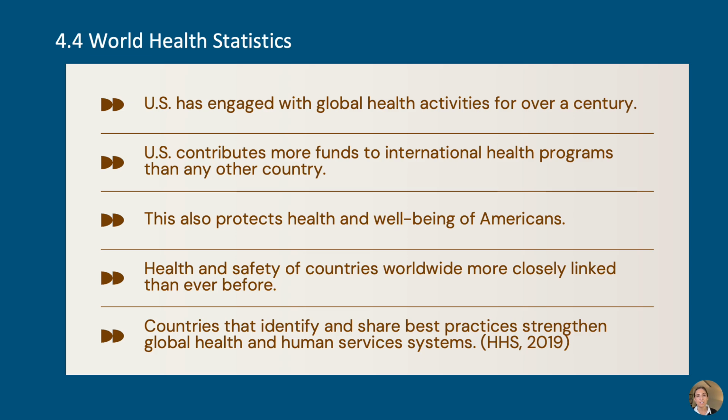So the health and safety of countries worldwide are really more closely linked than ever before. Countries need to identify and share best practices, so we can look to the UK, for example, and see what they're doing in terms of birthing outcomes. And by sharing and comparing this information, we're able to strengthen global health and human services.